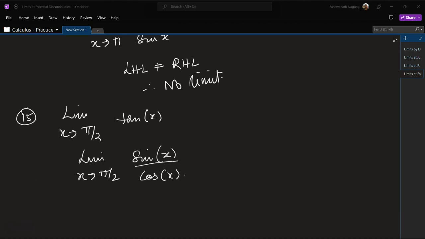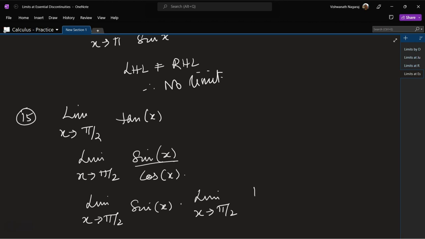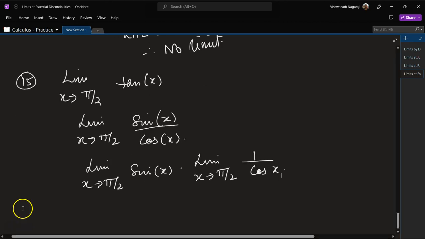Here if you notice, cos of pi by 2 is 0. So let's split it up: limit as x approaches pi by 2 of sine of x, which will be 1, times limit as x approaches pi by 2 of 1 by cos x. So this will be 1 times the limit of this.